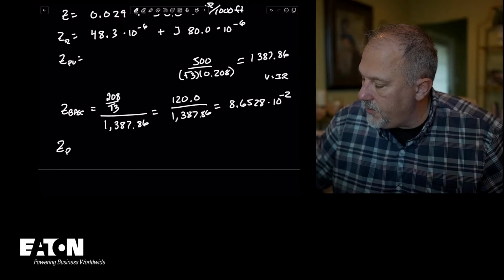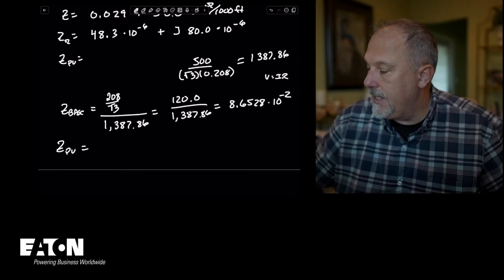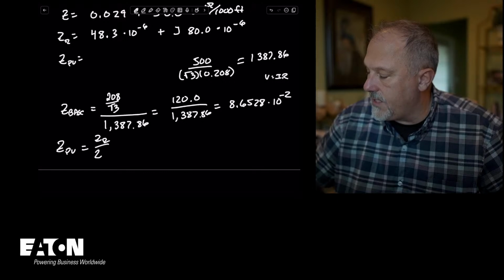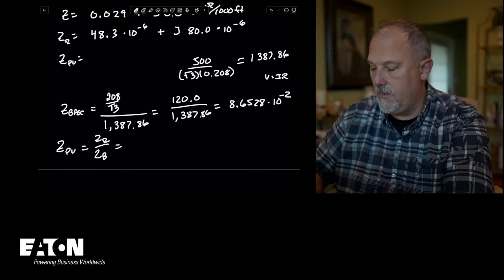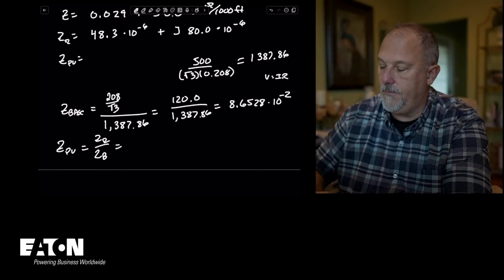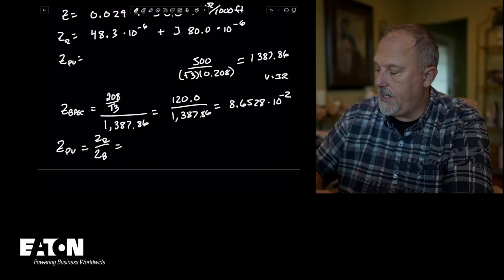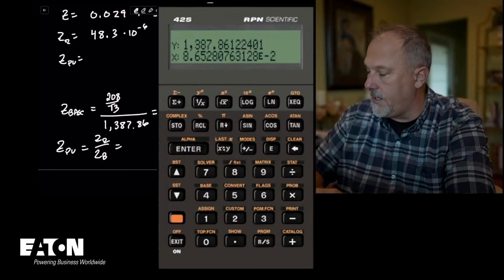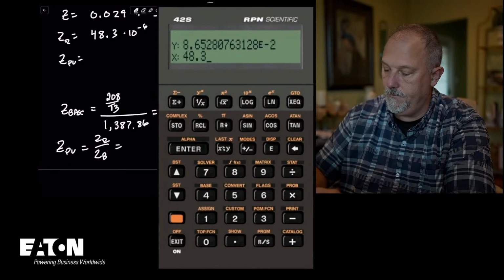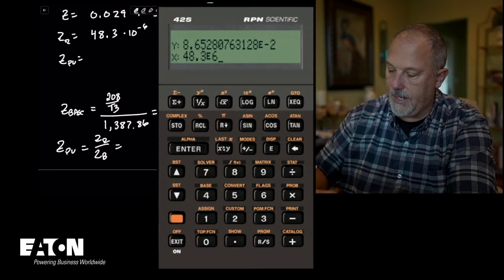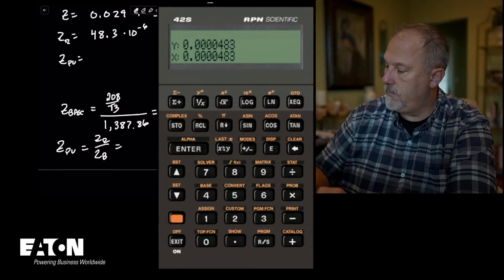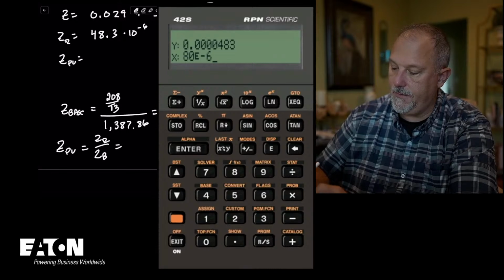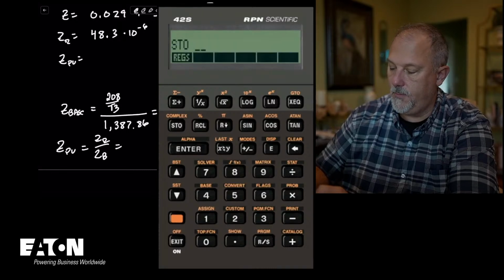So Z per unit is equal to Z ohms over Z base. I'm going to store that. Get the calculator out: 48.3 times 10 to the negative 6, enter, 80 times 10 to the negative 6, complex.